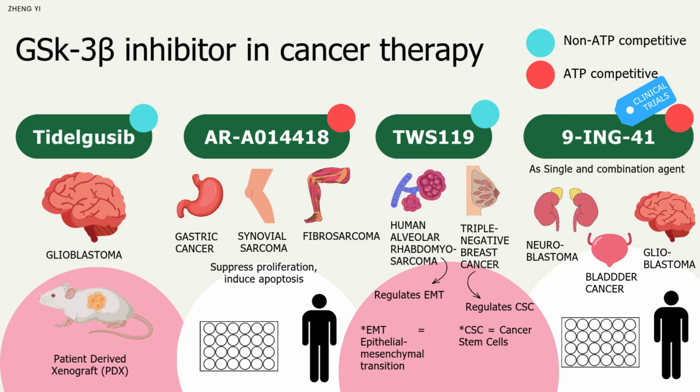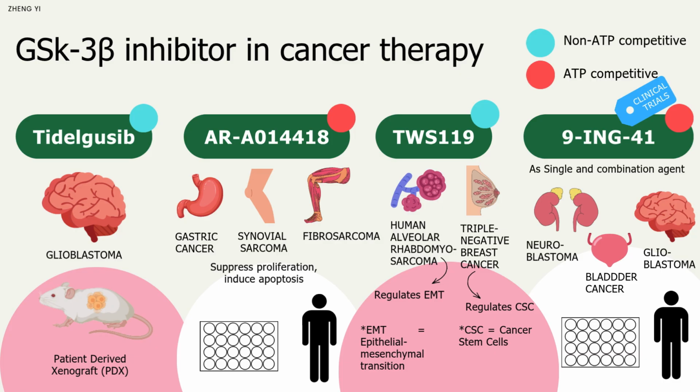Next, I would like to share some examples of GSK-3 beta inhibitors that are used in current cancer therapy. The first is tideglusib, which is a non-ATP competitive GSK-3 beta inhibitor used in the treatment of glioblastoma in patient-derived xenografts in mice.